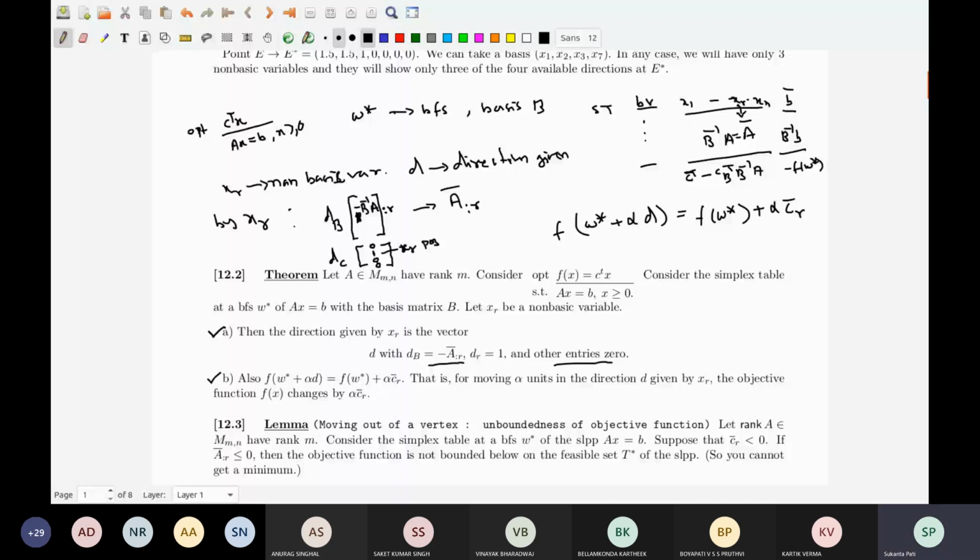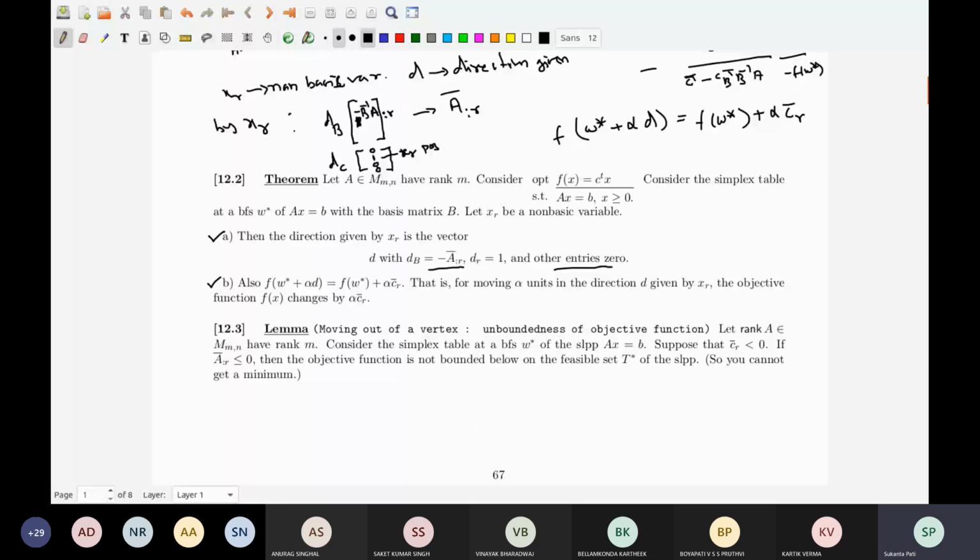Now the question is, notice how the direction vector D is being defined.